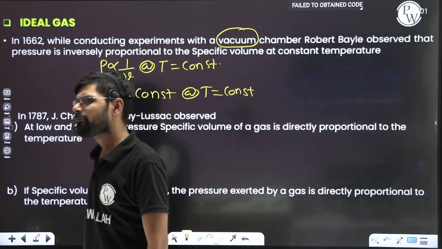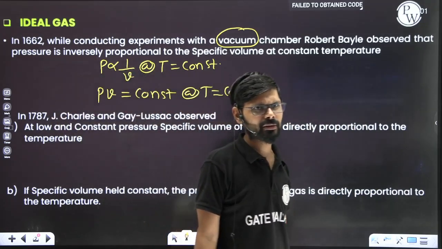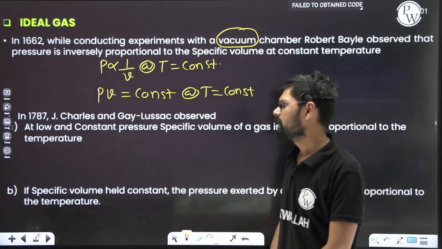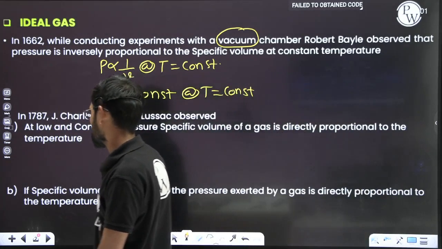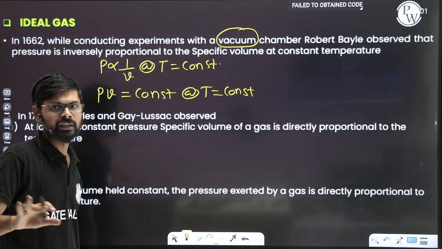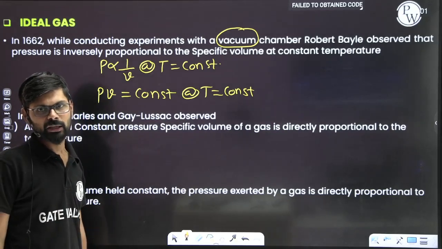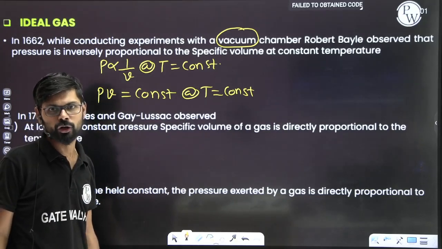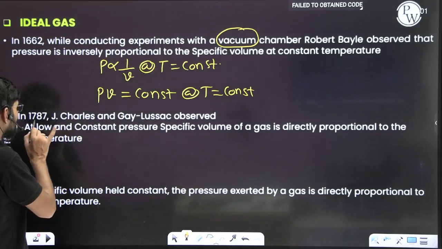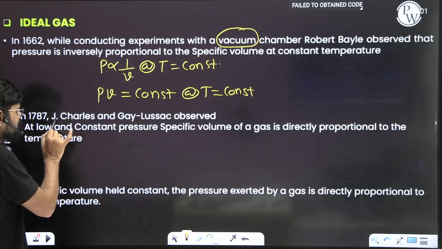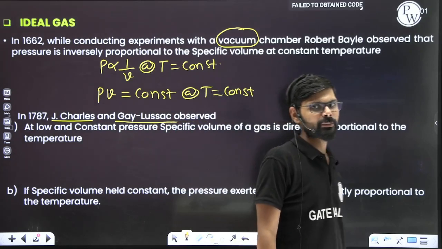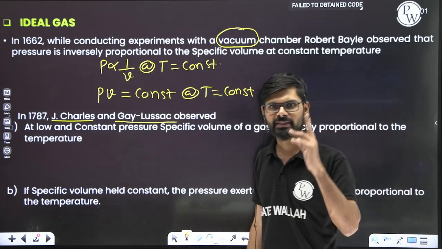Now after approximately 100 years after Boyle, in 1787, J. Charles, up to these 100 years approximately, only one law was there, and people call it the gas law. Then in 1787 J. Charles and Gay Lussac were also doing some experiments, and they finally found two basic statements.